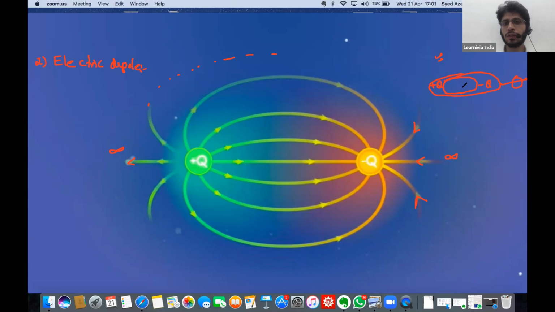When you write field lines in between the positive and negative charge, they behave like two isolated charges, not a dipole. The axial line and equatorial line lie in these regions. This is plus, this is minus, here is the axial line, and here is the equatorial line. The field lines we are drawing are for this region, in between plus q and minus q.